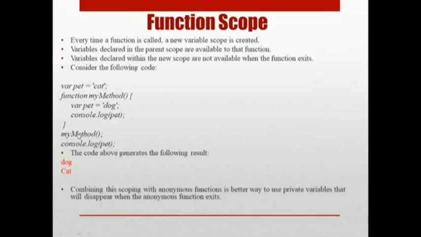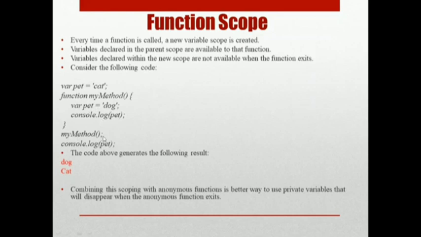The next statement is console.log pet. So how will this code execute? It will give output dog and cat. First it will print dog, and after that cat. Why? Because variables declared in the parent scope are available to that function, and variables declared within the new scope are not available when that function exits.